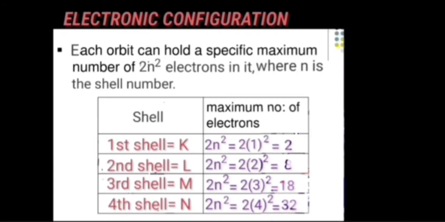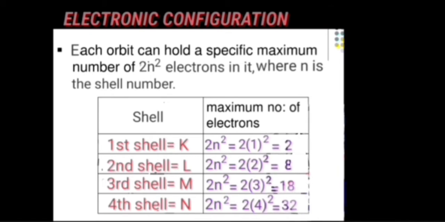Each orbit can hold a specific maximum number of 2n square electrons in it, where n is the shell number. First shell K, here the maximum number of electrons accommodated is 2, where n is equal to 1.